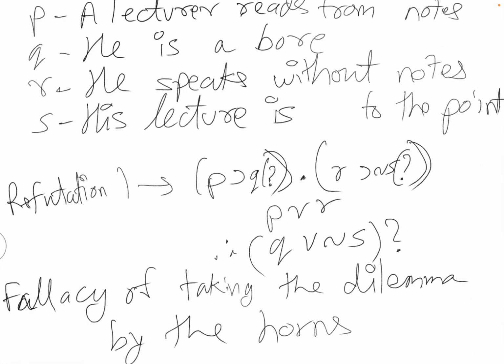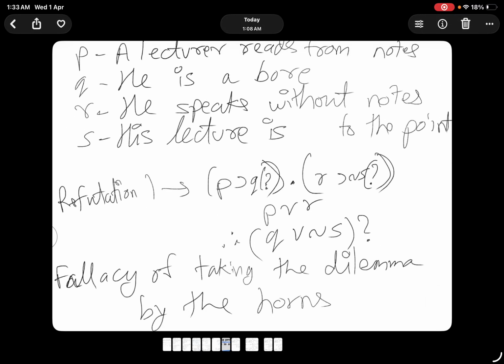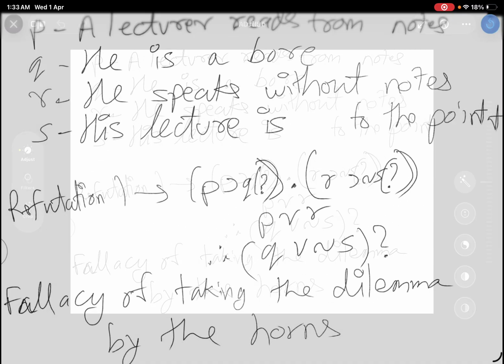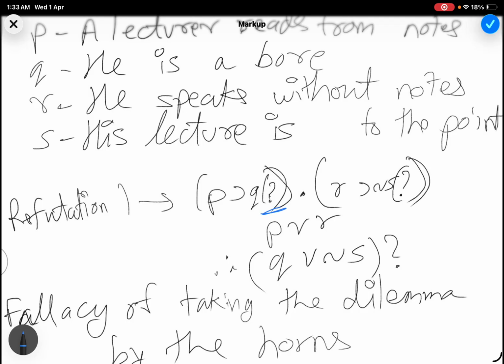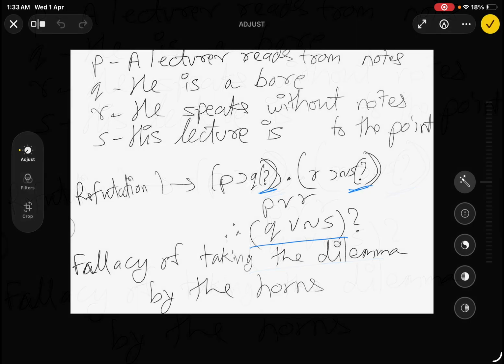Okay, so refutation number 1, you will be adding question mark next to the consequence, and question mark next to the conclusion, and you will be writing fallacy of taking the dilemma by the horns. This is refutation number 1.